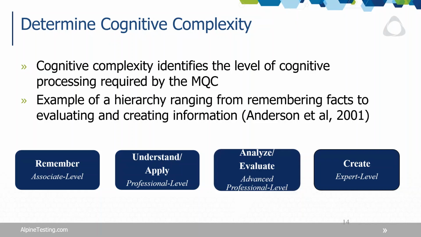And recognizing as well that it may be different for each objective that you're measuring. Some areas you find all you need is remember, other areas where you really need to have an analyze and evaluate level of understanding. So it'll vary in many cases by the particular areas of the profession.